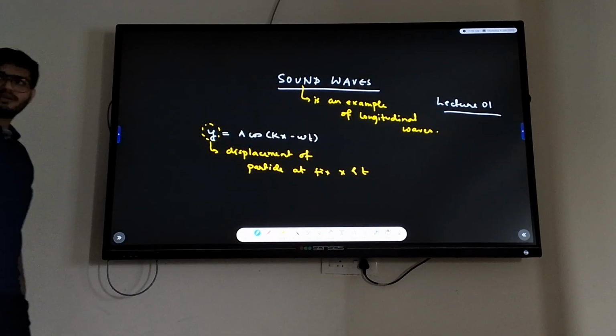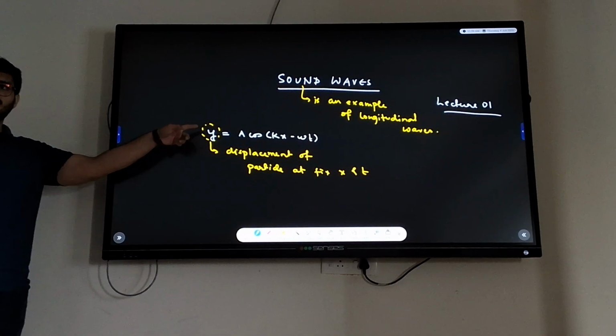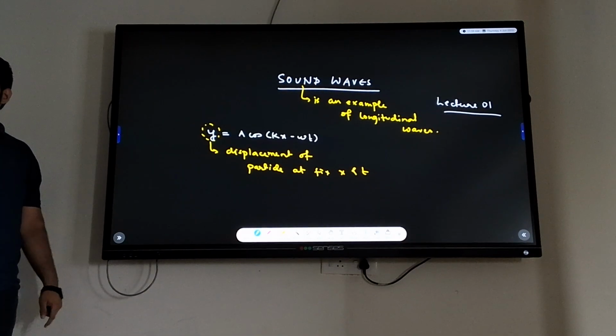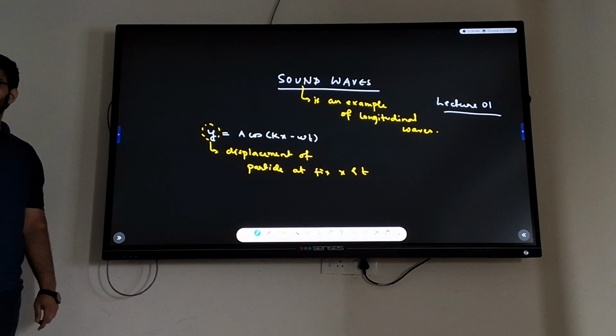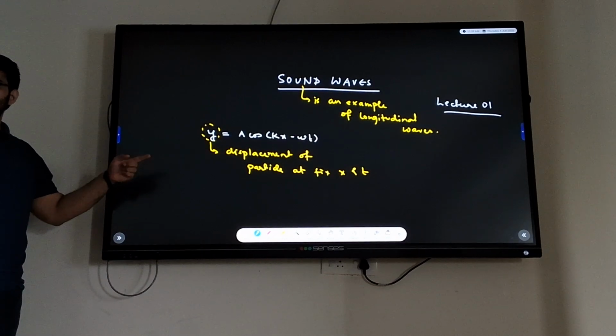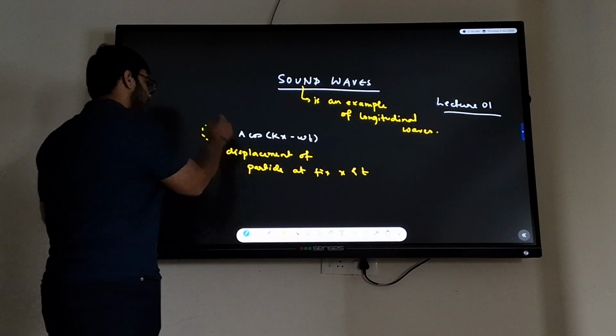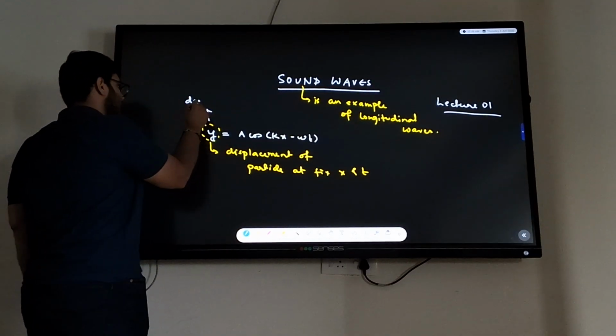But this used to represent something else as well. What can we find it more? What does this y represent more? It also describes the wave, na? The wave that passes through the medium. So it describes the wave.